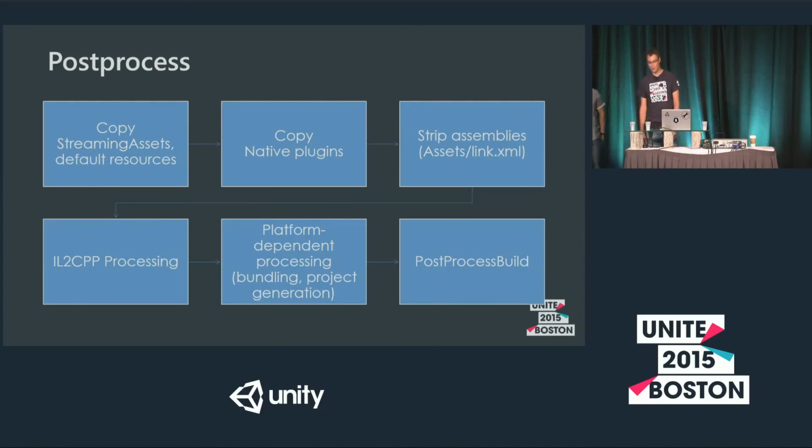On OS X, it's just an .app bundle you can run straight away. And for iOS, for example, we generate an Xcode project which is used to build and deploy your application later. And finally, we call methods which are marked with the PostProcessBuild attribute.